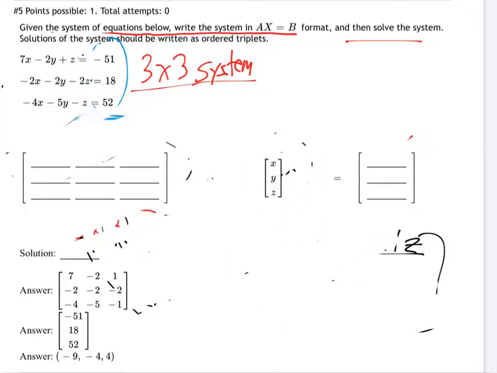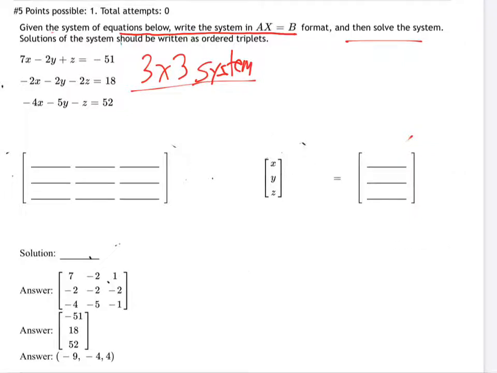So what I'm saying is that when you peel off those numbers, let me put these back here. 7, minus 2, 1. There's a 1 here, right? Minus 2, minus 2, minus 2, and minus 4, minus 5, minus 1 there.